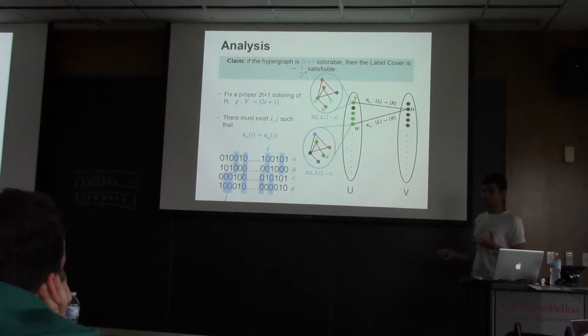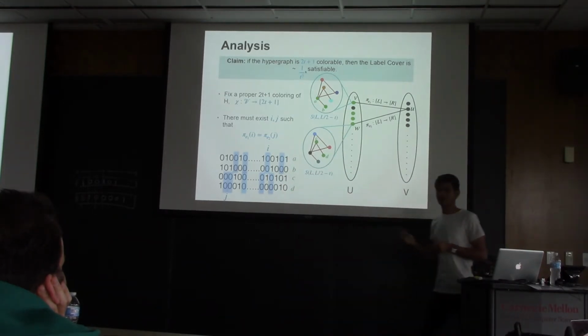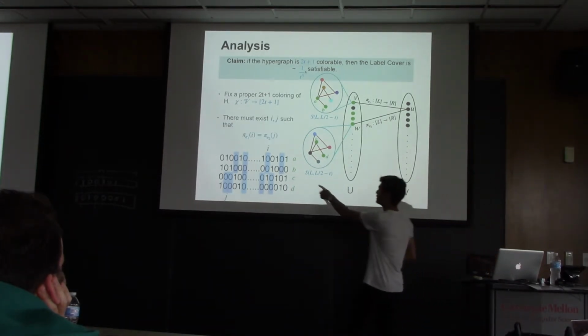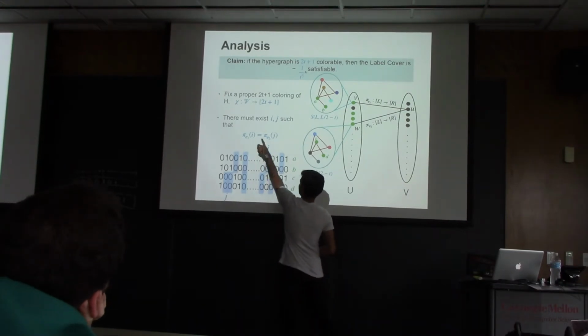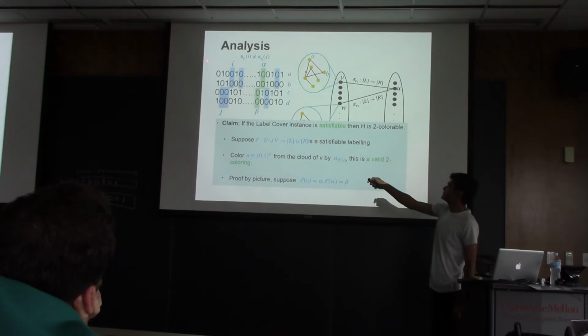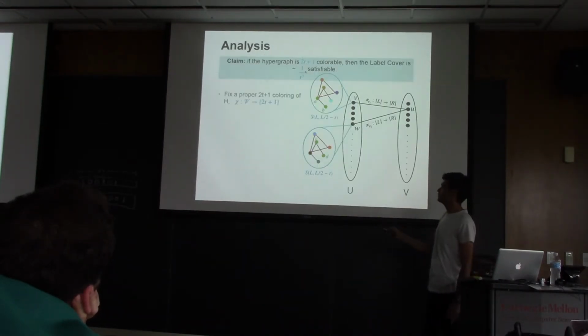Suppose not. Suppose for every i and j like this, they don't satisfy this property. But what does that mean? It's a hyperedge, right? Because if for every i and j this condition does not hold, then this is a hyperedge, because this was precisely the condition we wanted for A, B and C, D to form a hyperedge.